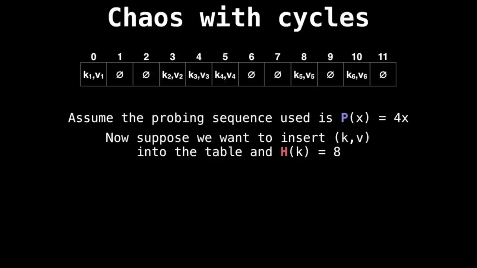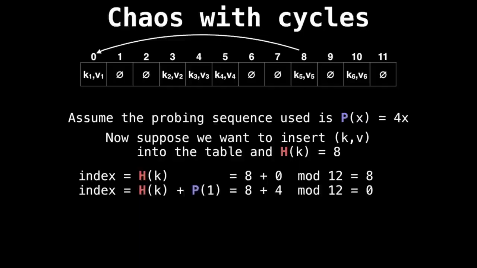Suppose we want to insert a new key value pair into the table, and that the key hashes to 8. So we want to insert that key value pair at position 8, but it's already occupied because key 5, value 5 is already there. So what do we do? Well, we probe.